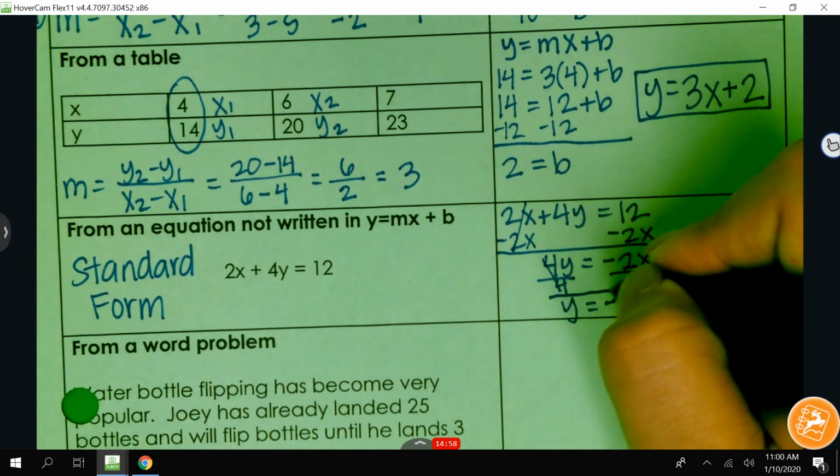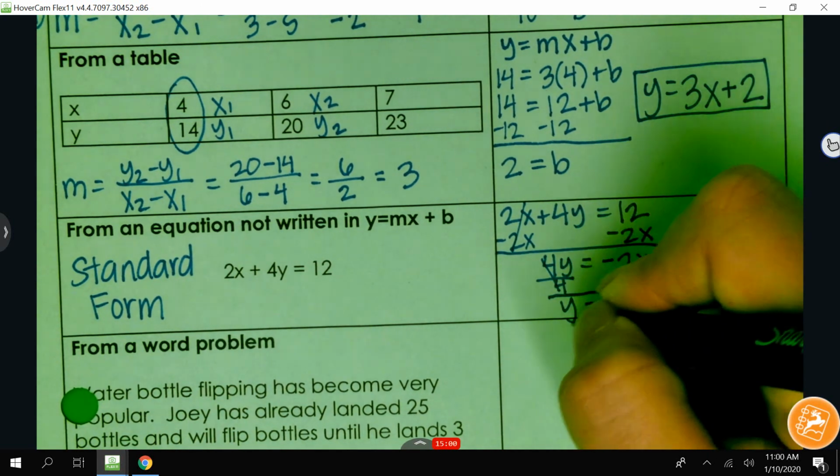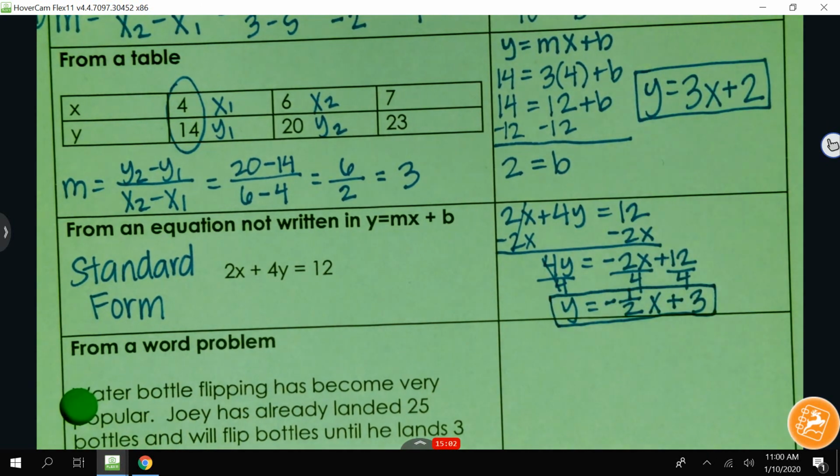And now our equation is in slope-intercept form. Questions? We good?